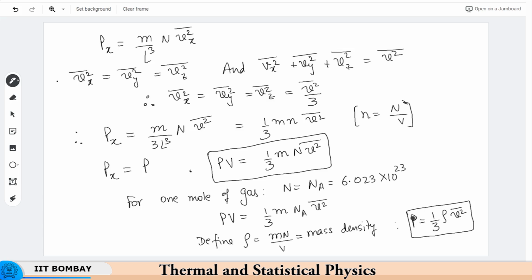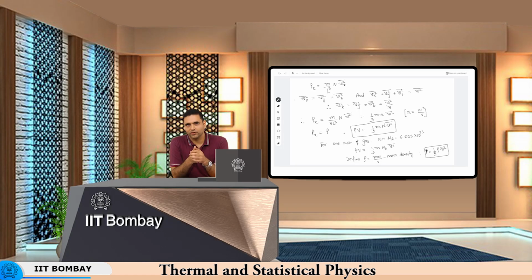This statement is true only as long as those assumptions hold true. If you have a gas at very high temperature and very low density, all these assumptions are approximately true. But the moment we start decreasing the temperature or increasing the density, these assumptions do not hold true, and there is a breakdown of this formulation.